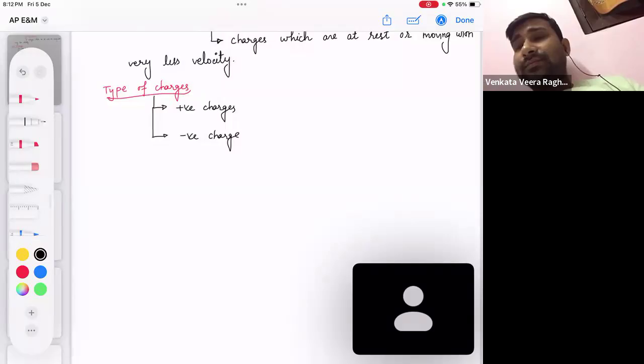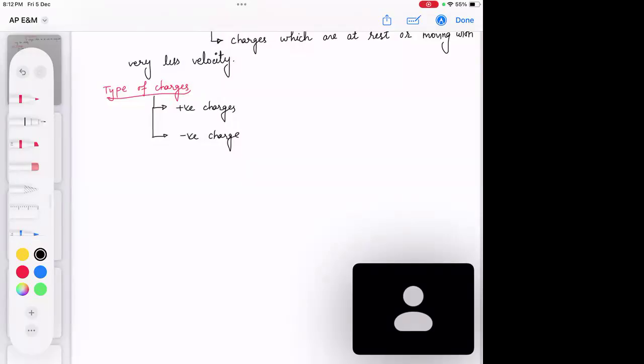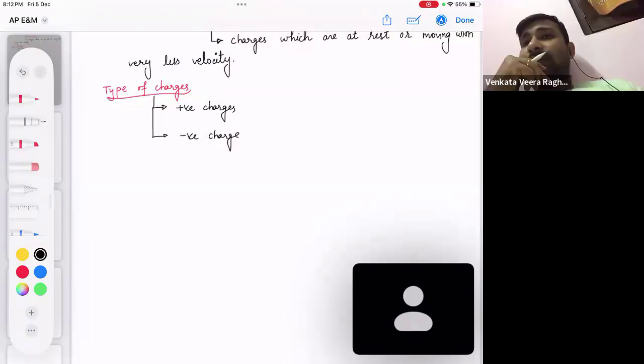A body having less number of electrons in its neutral condition. Yeah, that's correct. It has fewer electrons compared to protons. And negative charge means what? More electrons compared to the protons, excess electrons. So please tell me, how can we create a charged body?